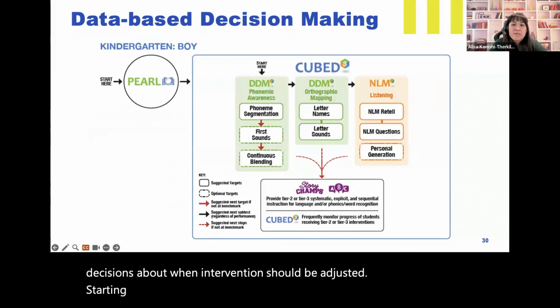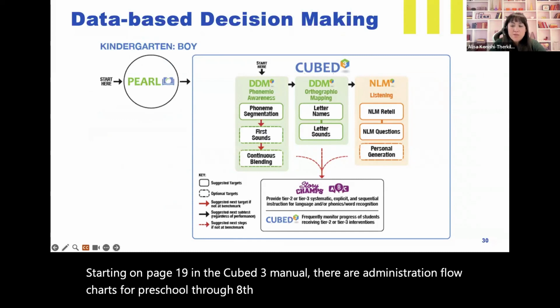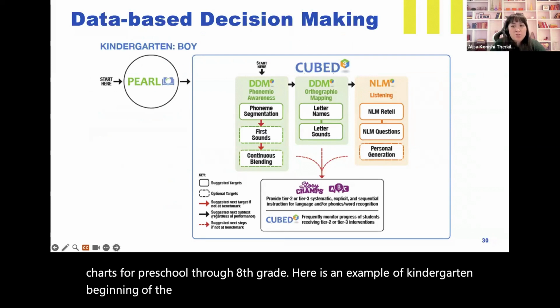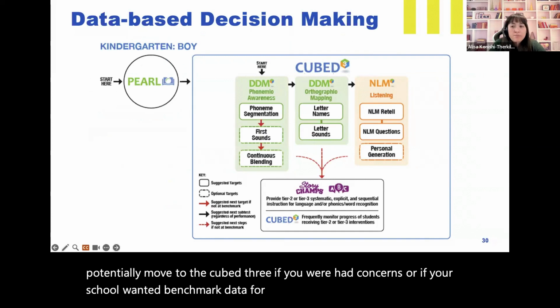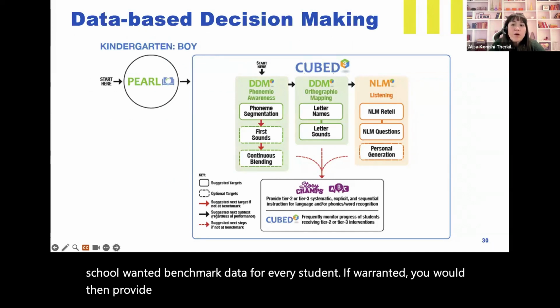Starting on page 19 in the Cubed 3 manual, there are administration flowcharts for preschool through 8th grade. Here's an example of kindergarten beginning of the year flowchart. So you would start with the Pearl and potentially move to the Cubed 3 if you had concerns or if your school wanted benchmark data for every student. If warranted, you would then provide intervention and monitor progress with the Cubed 3 and then repeat the cycle.